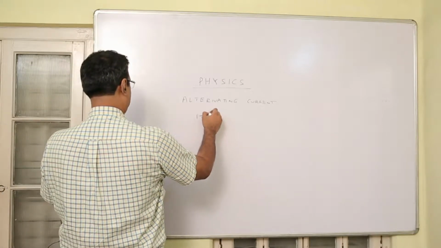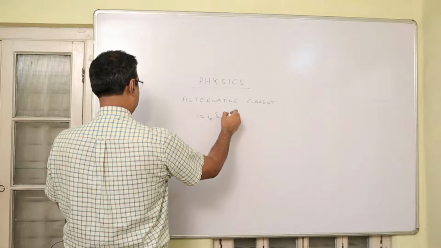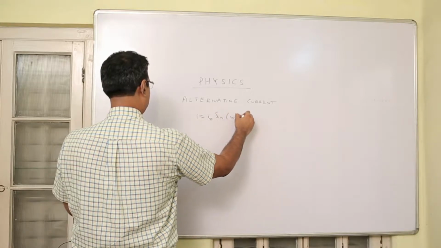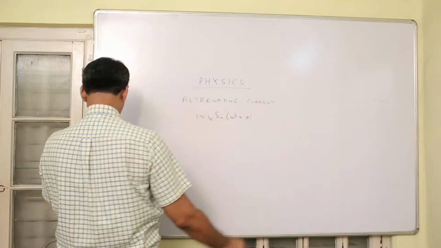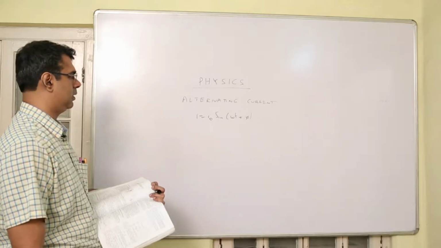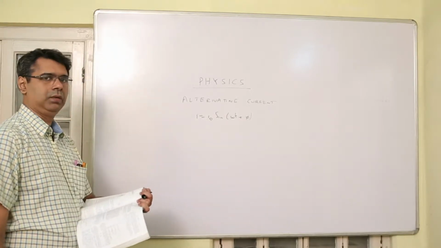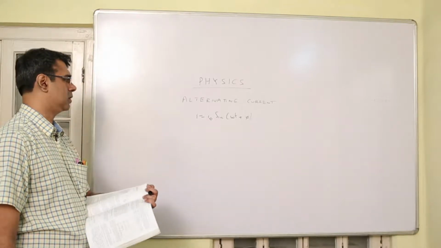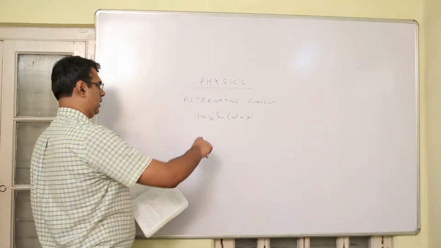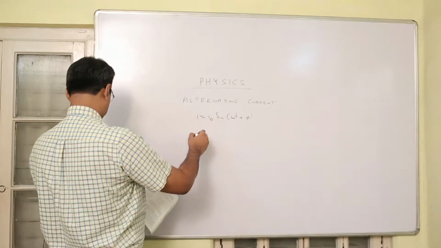So if you have current which varies with time according to a relation I equal to I0 sine omega t plus phi, then this is known as alternating current.